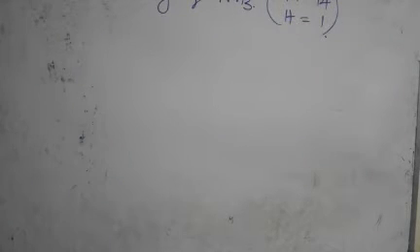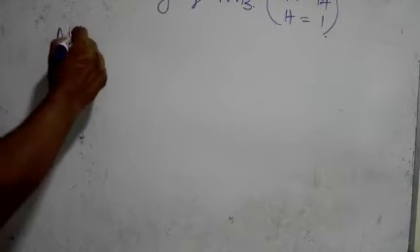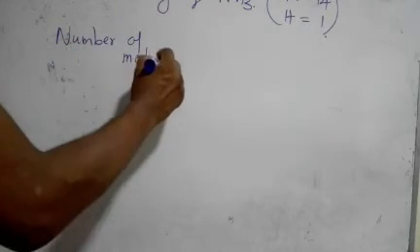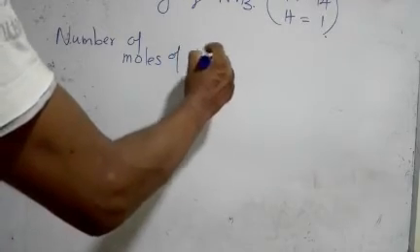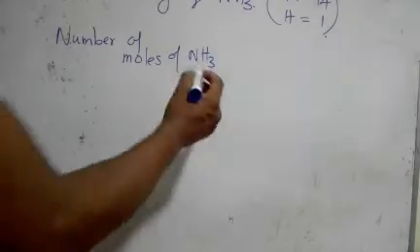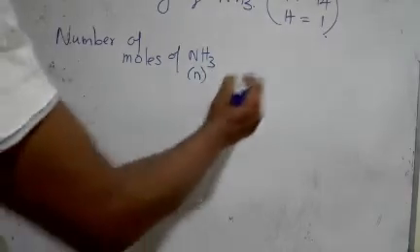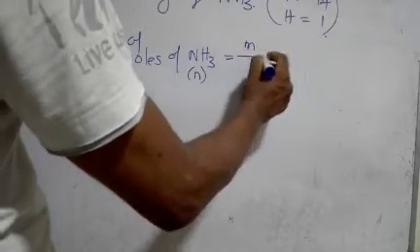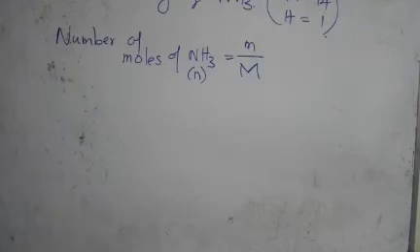So we have to find the number of moles of ammonia. That is n, the number of moles. So we have to find the molar mass, because mass should be divided by the molar mass.